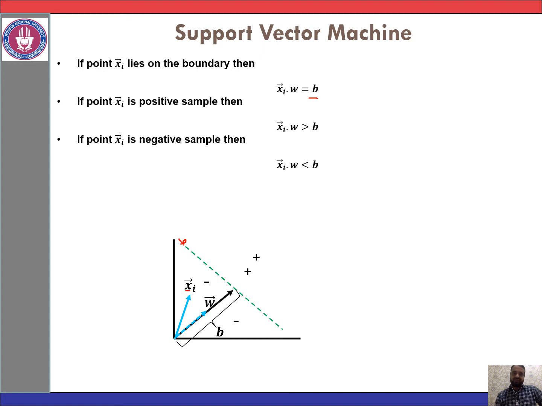If the dot product between w and xi is less than b, then it will be considered a negative sample. Here we can see that if the dot product between xi and w is less than b, we will consider it a negative example. If it is greater than b, then it will be considered a positive sample.